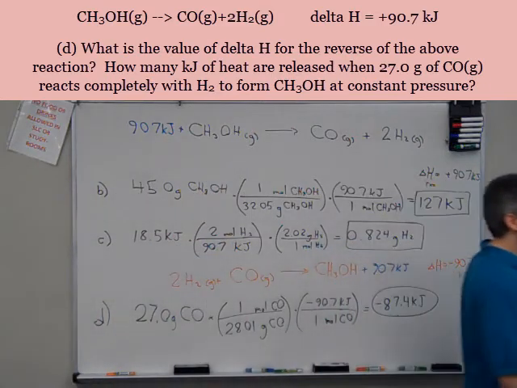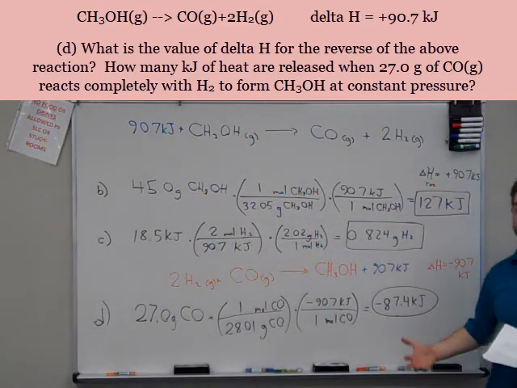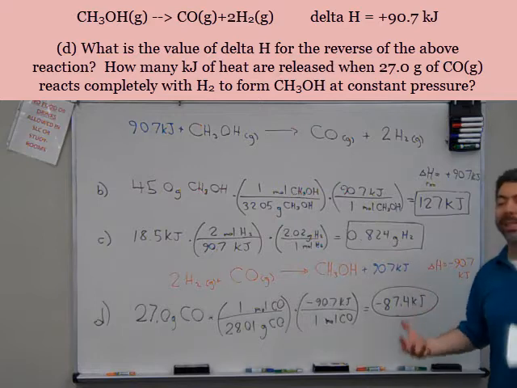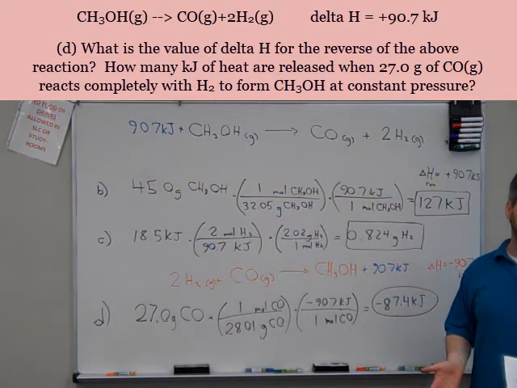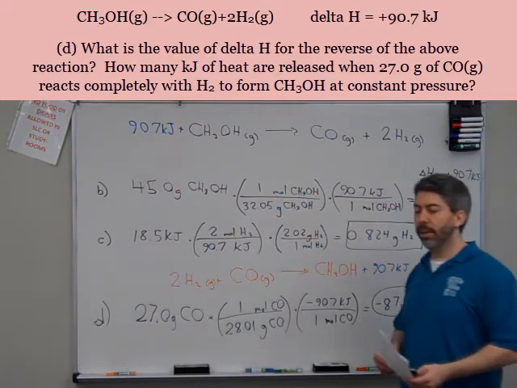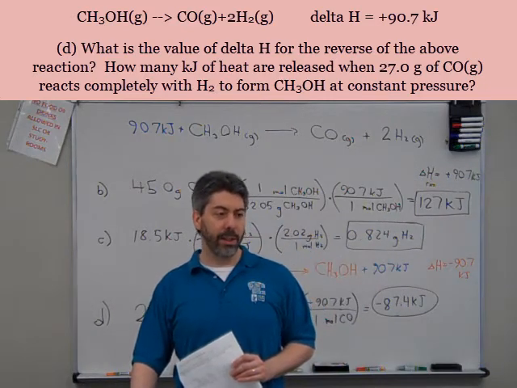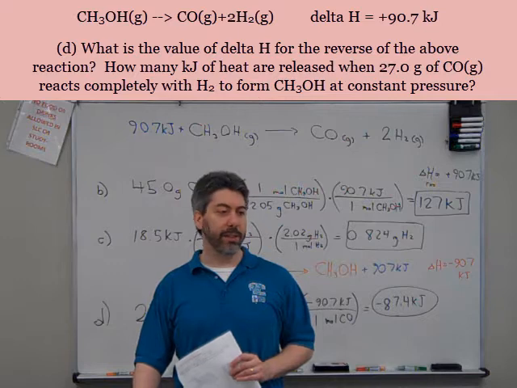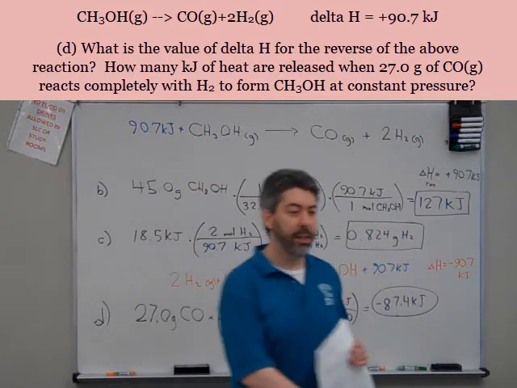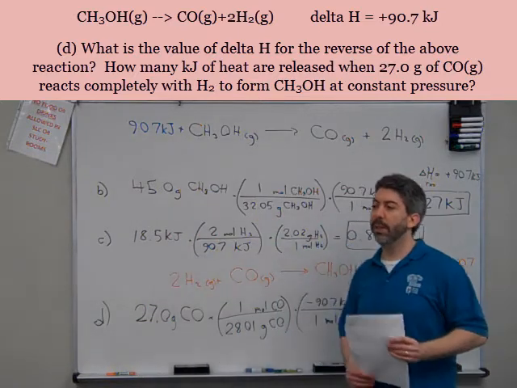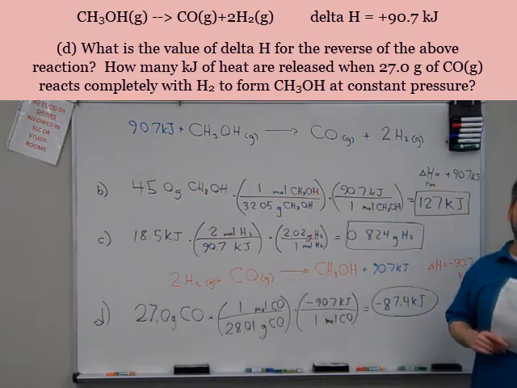Basically, when it says how many kilojoules of heat are released, you can't release a negative amount of heat, right? Just like you can't talk to a negative number of people, like, I talked to negative 4 people today. That doesn't work, right? You can't have negative 3 chairs at a table. So you can't have a negative amount of heat.